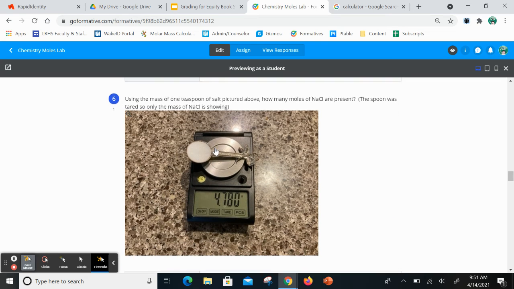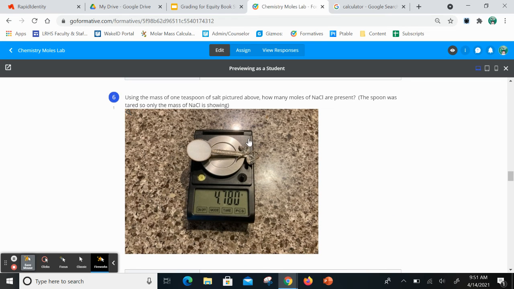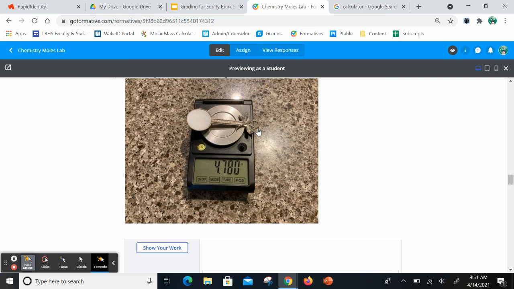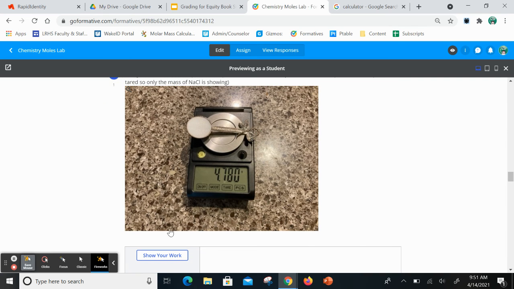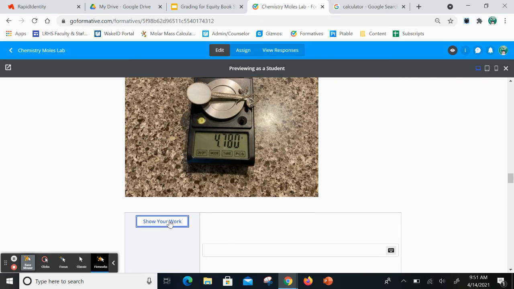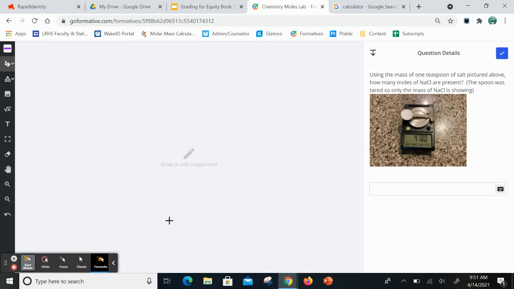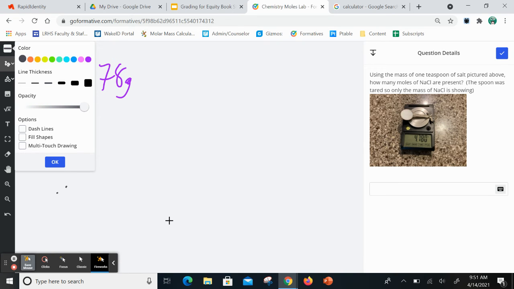All right. The next one is salt. You're trying to figure out how many moles of salt there are in a teaspoon of salt. So there's 4.78 grams of NaCl. So now we have to do the thing with the number of atoms and the mass for NaCl.